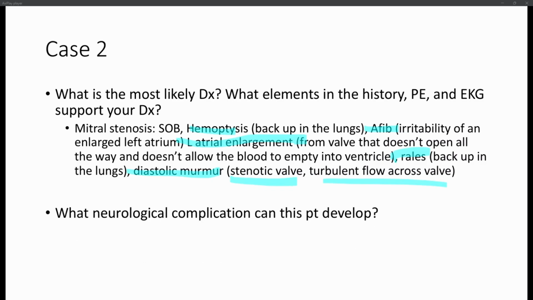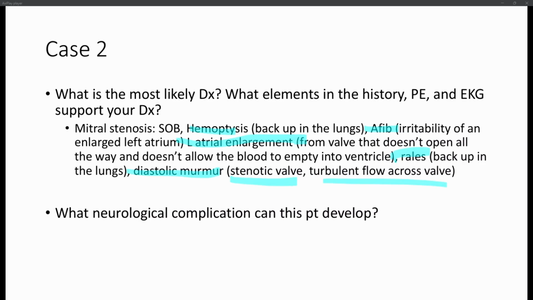What neurological complications can this patient develop with mitral stenosis? So we'll talk about neuro stuff now. What happens to that blood as it sits in that left atrium? It clots. The clot that's in the left atrium is called a thrombus because it's fixed, it's attached to the wall.